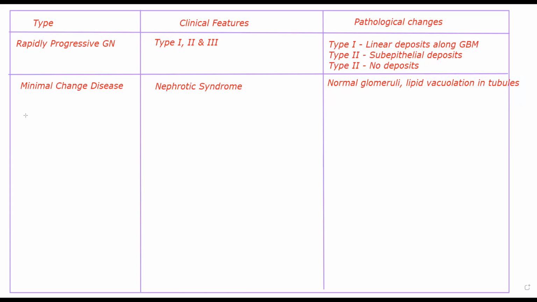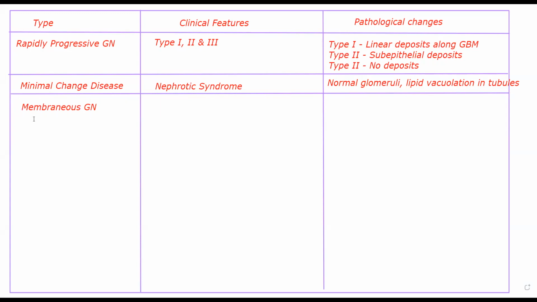Then we have the next one, membranous glomerulonephritis. Membranous glomerulonephritis is also called epimembranous glomerulonephropathy, or epimembranous nephropathy.